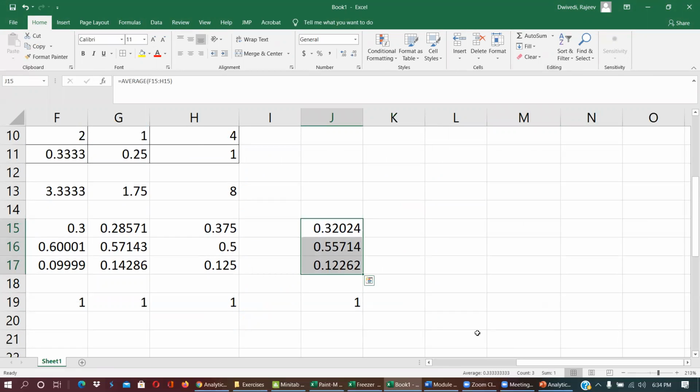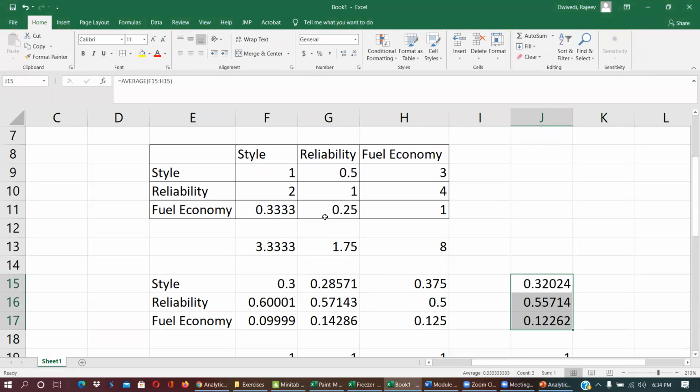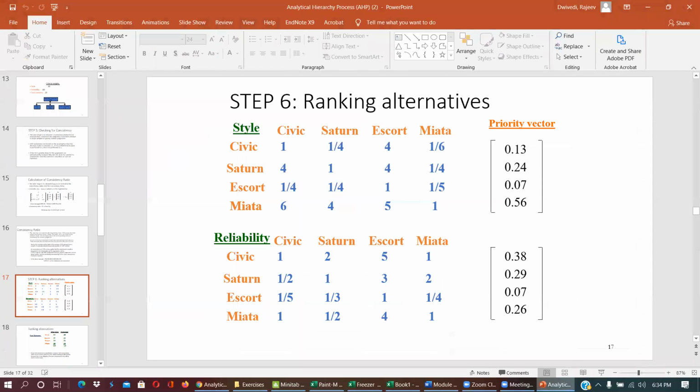First you normalize the matrix, and then you take the average of the normalized matrix, which is called the eigenvector or priority vector.